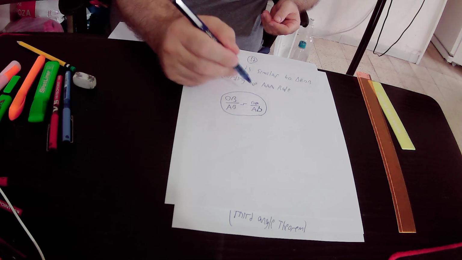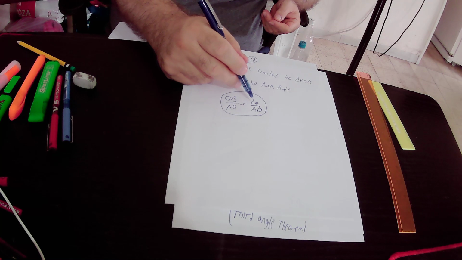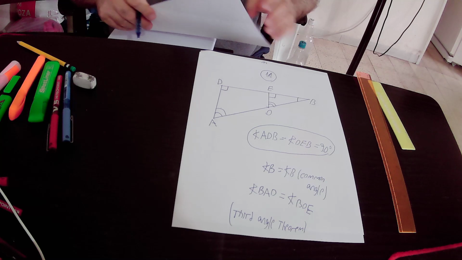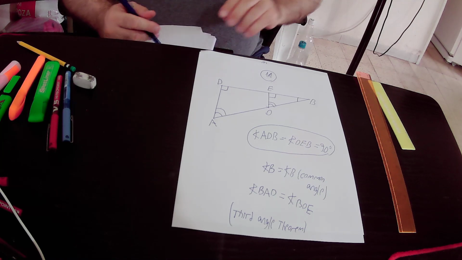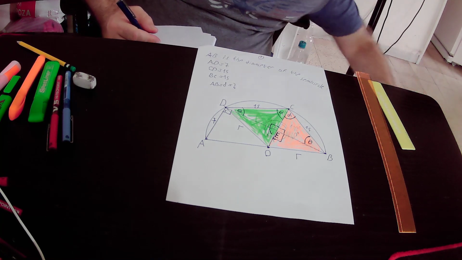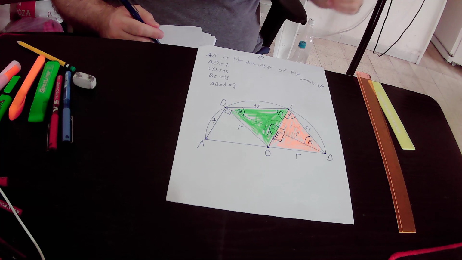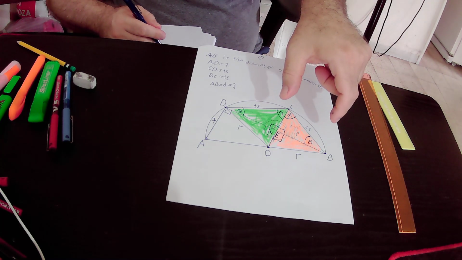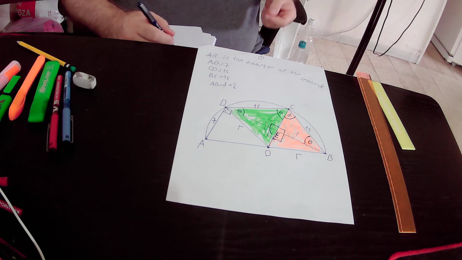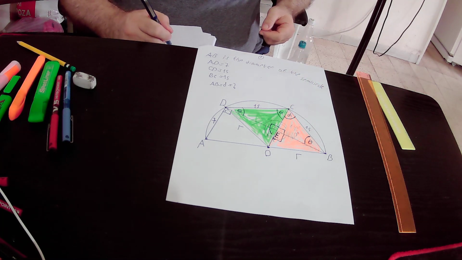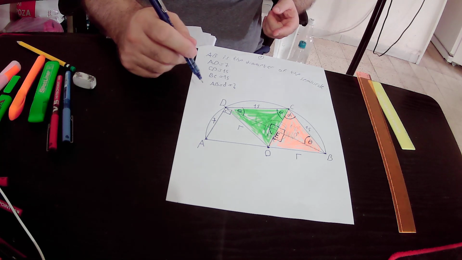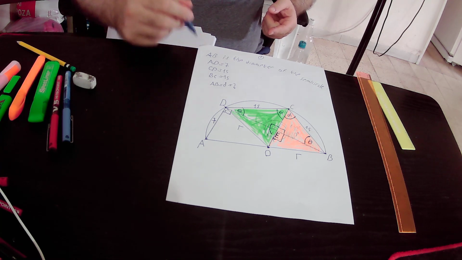Again, OB over AB equals OE over AD. And so actually, what is the size of OB? OB equals R. You can see from the drawing that OB equals R, and AB is the diameter of this semicircle, therefore it equals 2 times the radius.